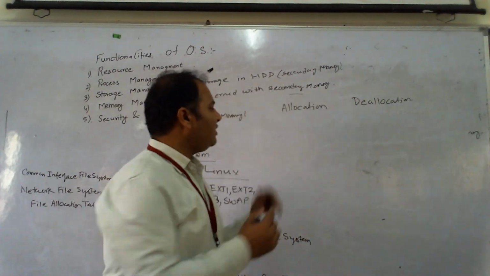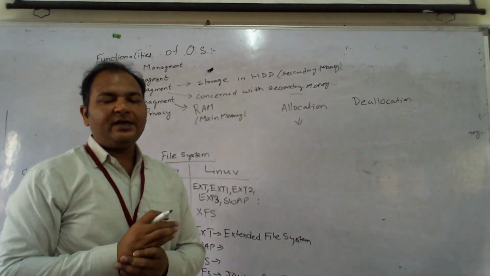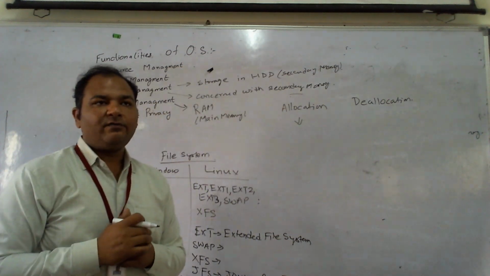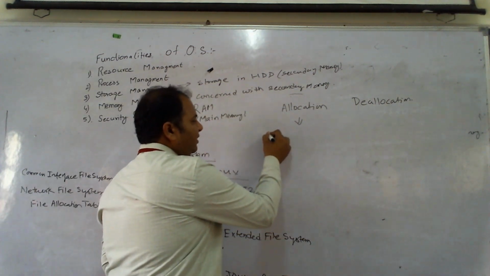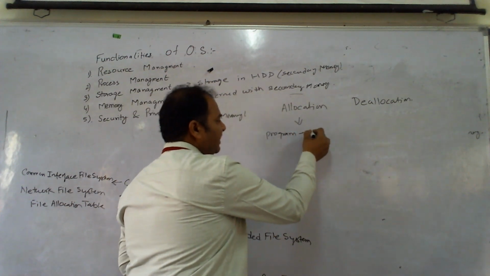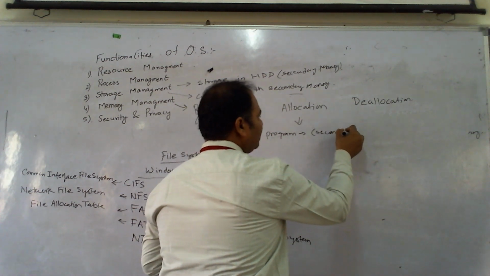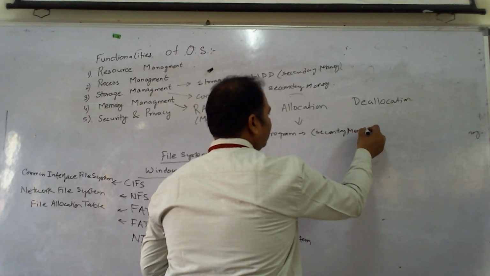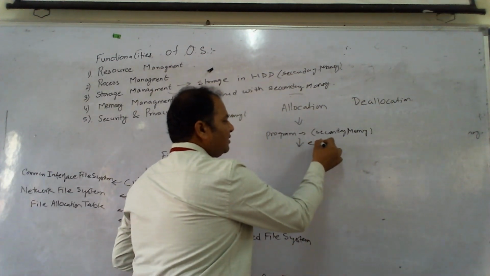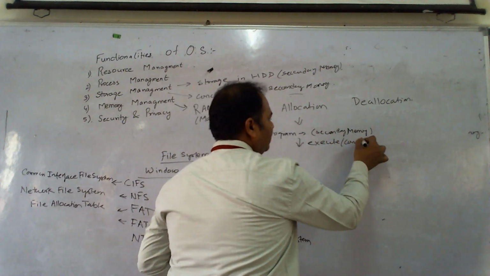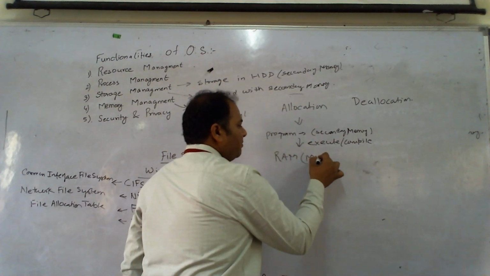Suppose I have written a program in C and I want to execute or compile that file. If the program is in secondary memory, for this purpose it goes to RAM, which is main memory.